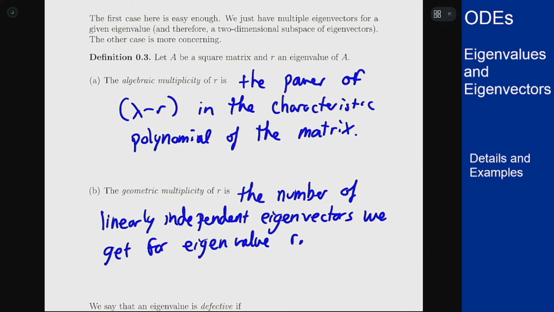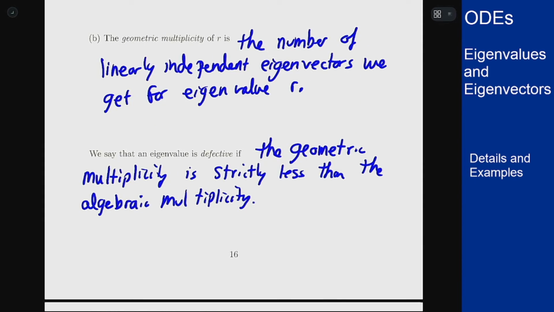So we say that an eigenvalue is defective if the geometric multiplicity is strictly less than the algebraic multiplicity. What it really means is I don't have quite enough eigenvectors. The power in the equation, the algebraic multiplicity, tells me how many I would expect to have. I should expect to have 2. But the geometric multiplicity is how many I actually get. And in that case, I got 1, which means I don't have enough.